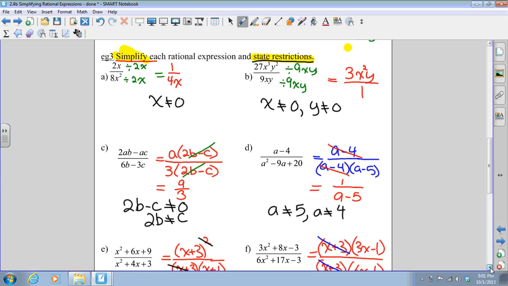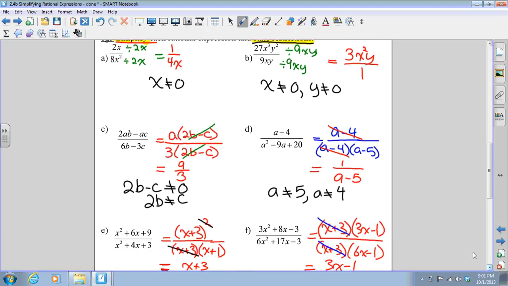All right, D. Taking a look at this example, on the top we've got a minus 4, but on the denominator we have a trinomial. Simply do your factoring work on a side sheet of paper or a side margin, and then you come back and put down that a minus 4 times a minus 5. Look to cancel out.